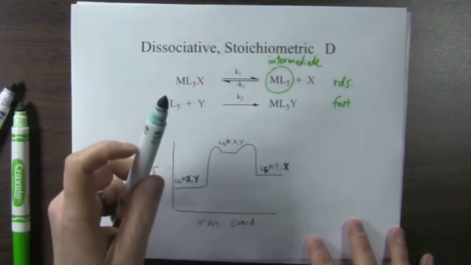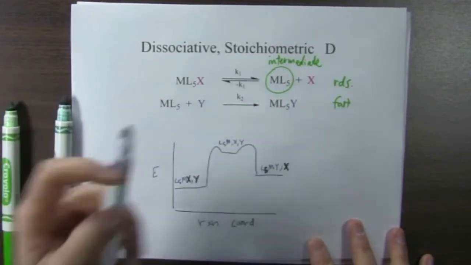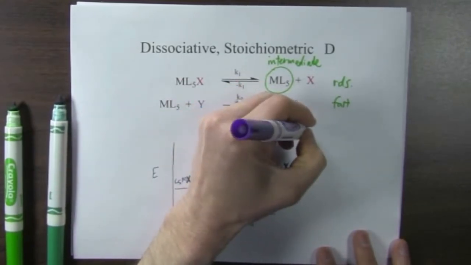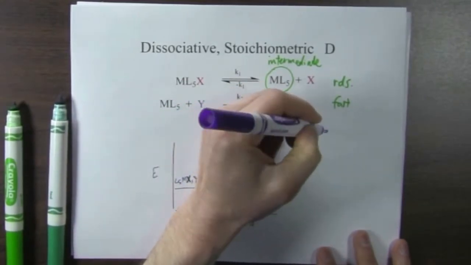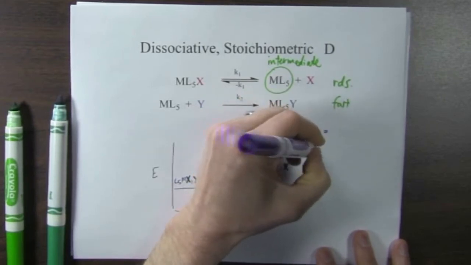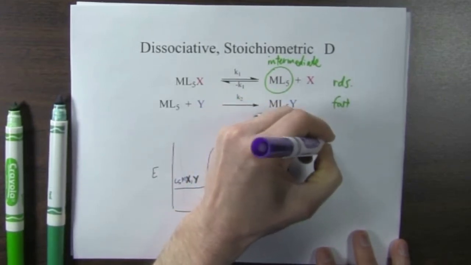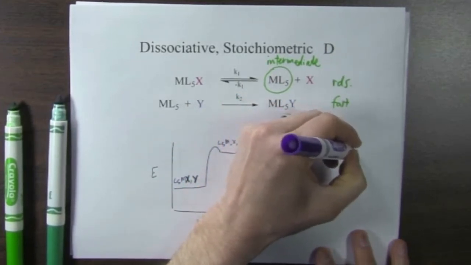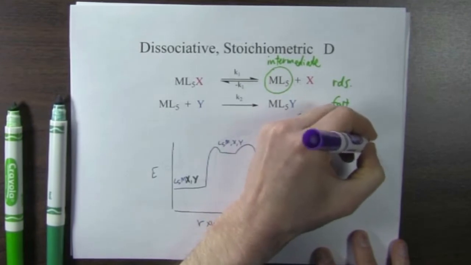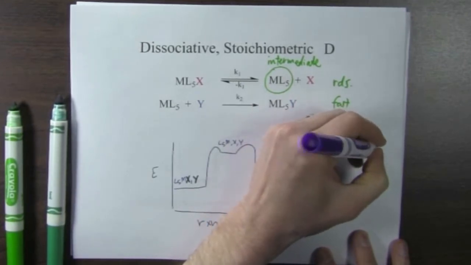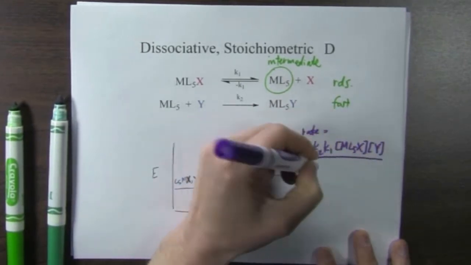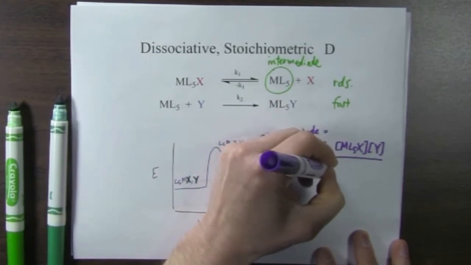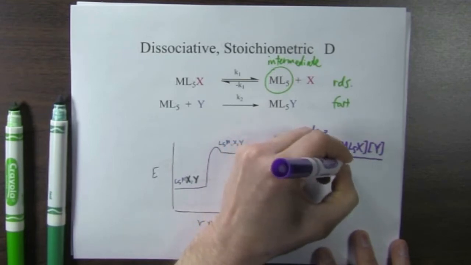And looking at the rate law, if we work it out, the rate law should be equal to the product of the first and second rate constants and the reverse reaction of the first step.